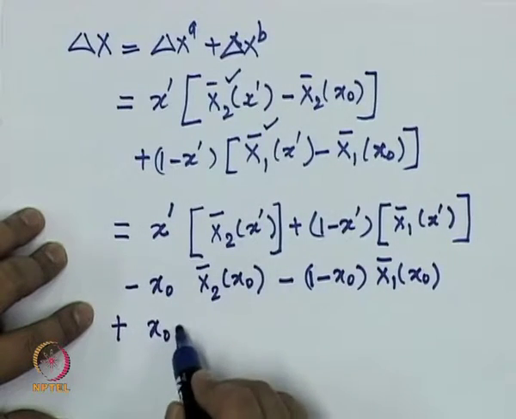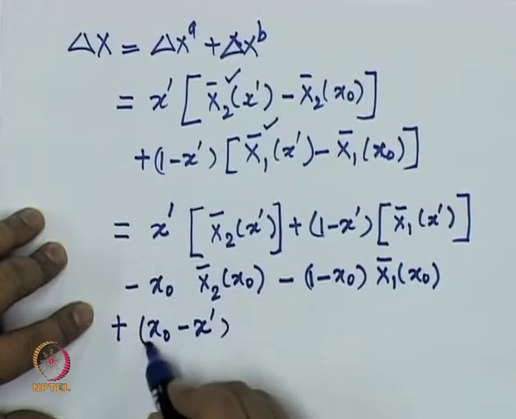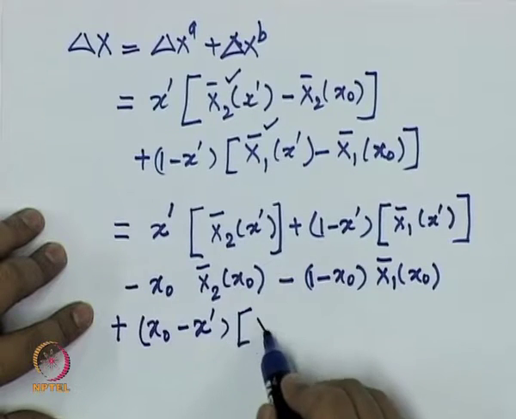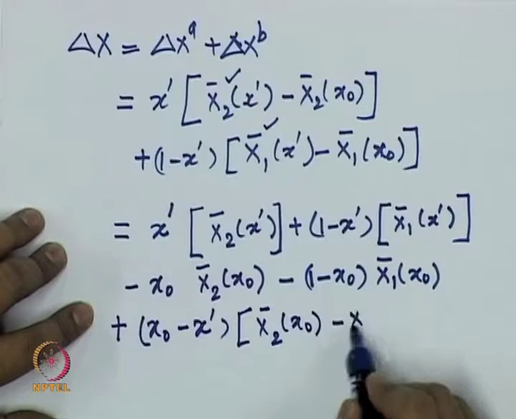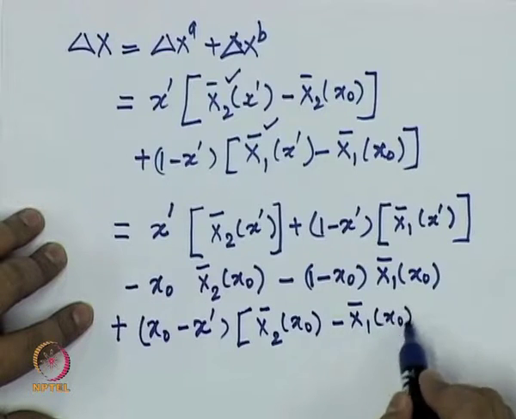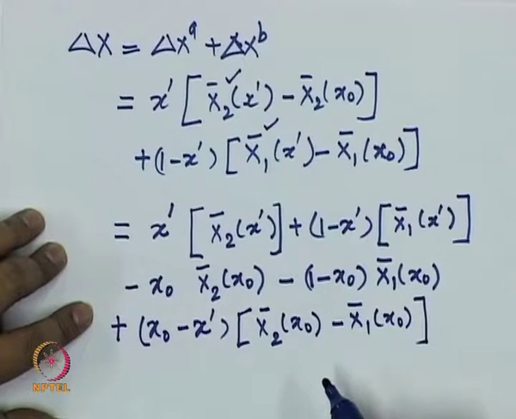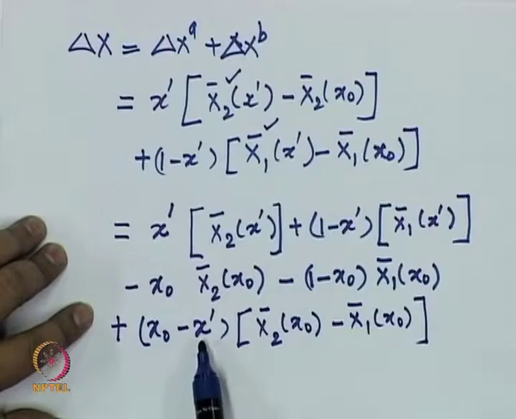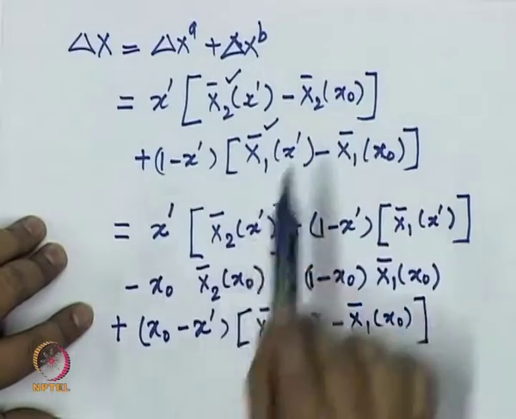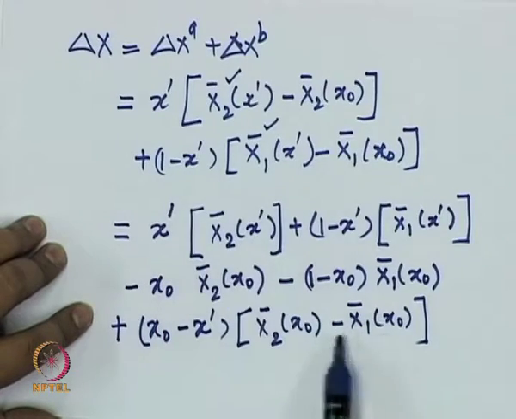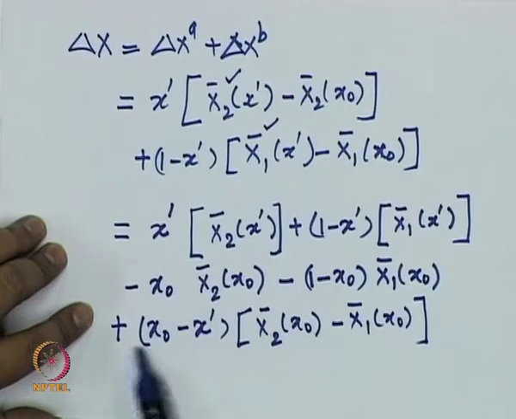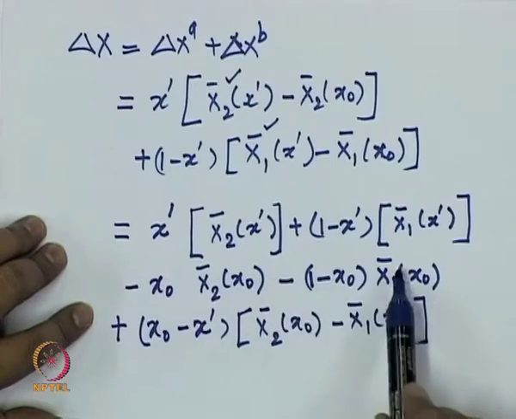What is that? x naught minus x prime times x2 bar of x naught minus x1 bar of x naught. Okay. So, this x bar multiplied that term, and this 1 minus x bar when it multiplies those terms, they are all going to come here. So, we are going to get this expression.